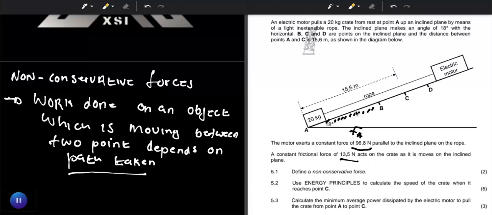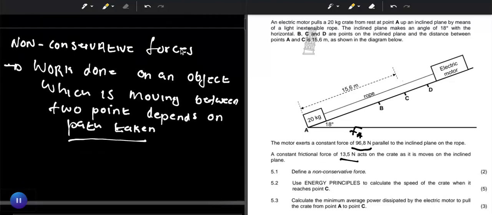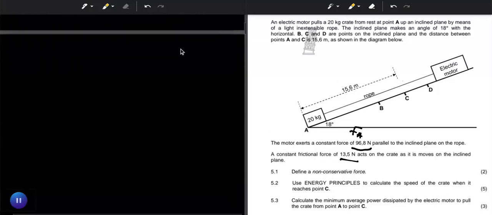Friction acts in this direction going up, and when the block is going down, it acts in the opposite direction. So that's why it depends. A force applied also depends, and so forth. That is a non-conservative force, but a conservative force like Fg doesn't depend on the path taken.